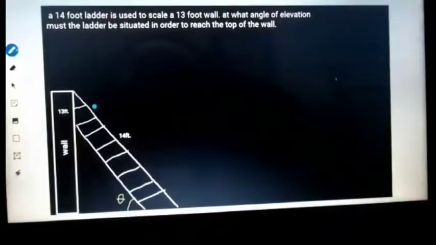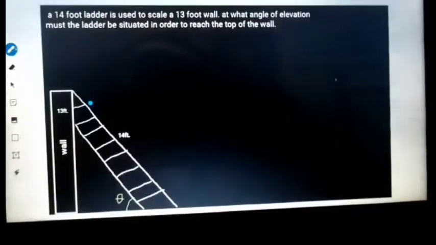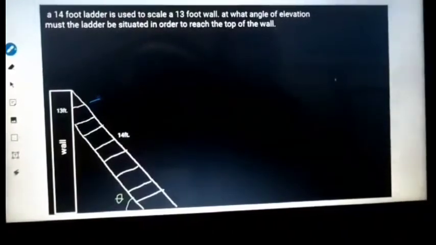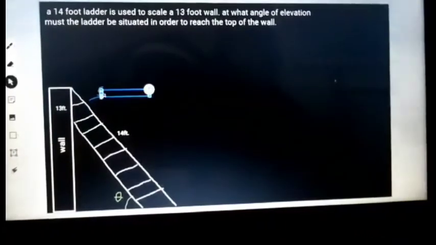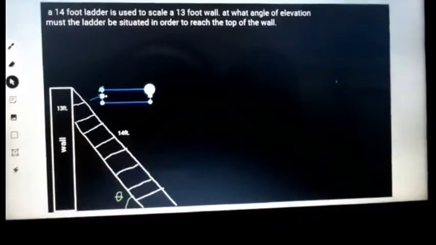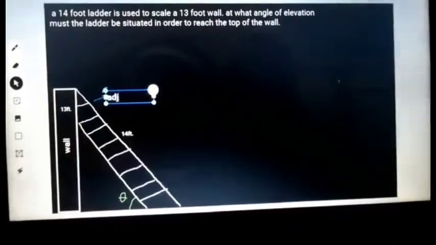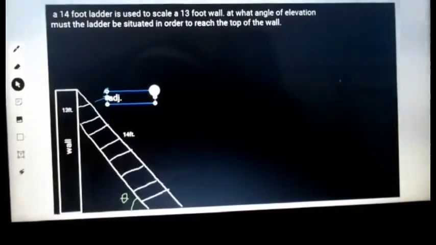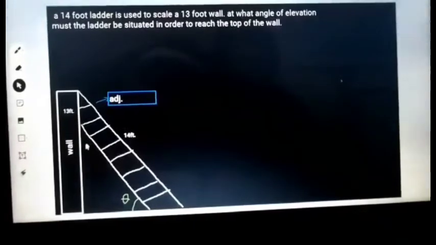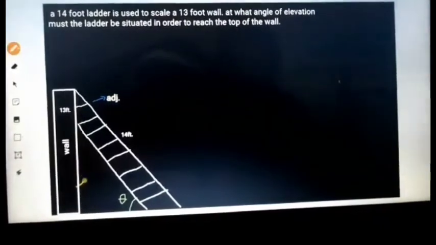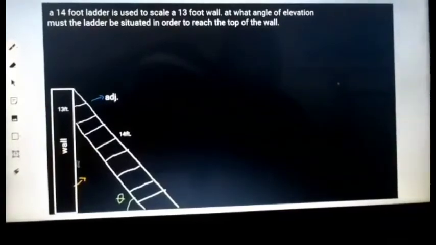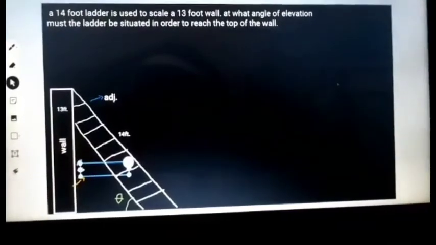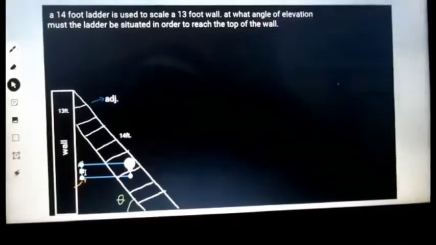Next, you need to find the parts of the triangle. So this part is adjacent. And this part is the opposite.